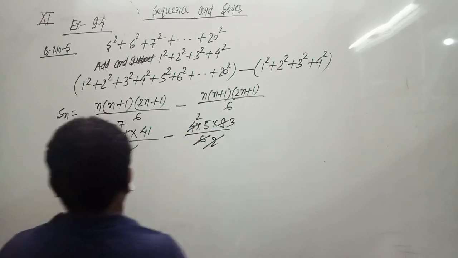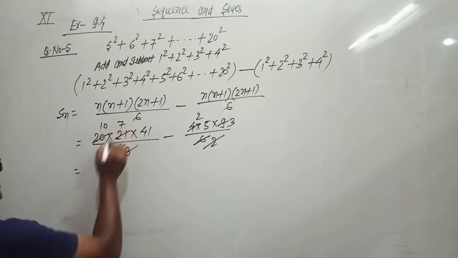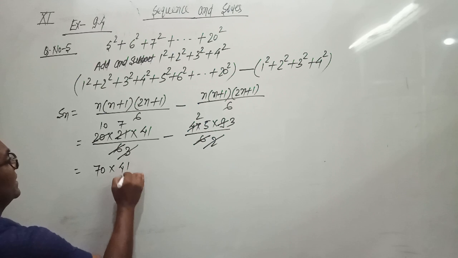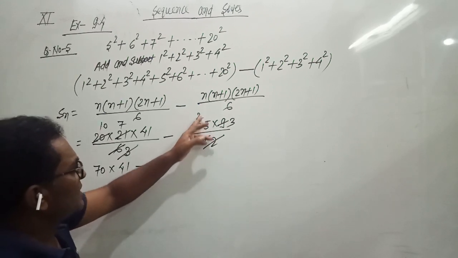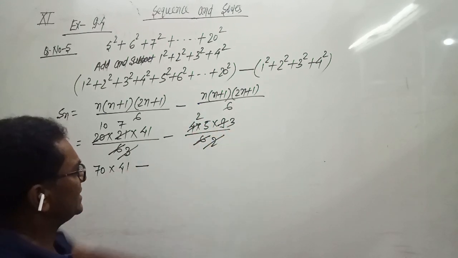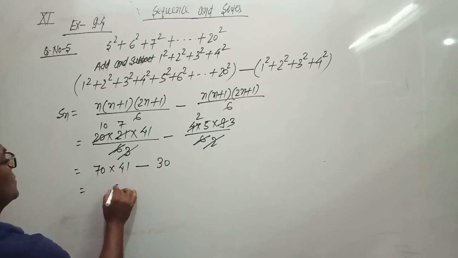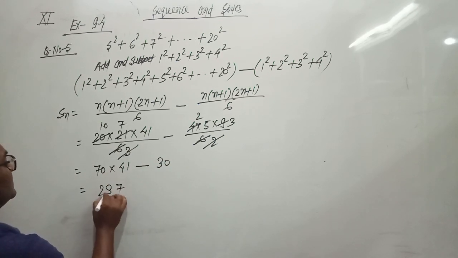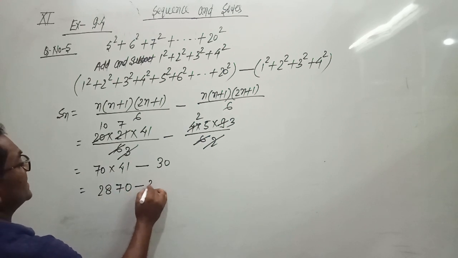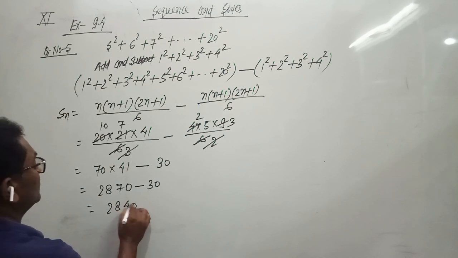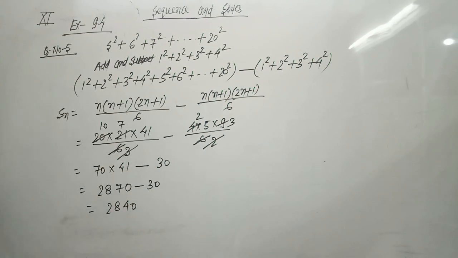So we get 10 into 7, 70 into 41, minus 5 into 2, 10, 10 into 3, 30. And 70 into 41, 2870 minus 30. We get 2840. The result comes to be 2840.